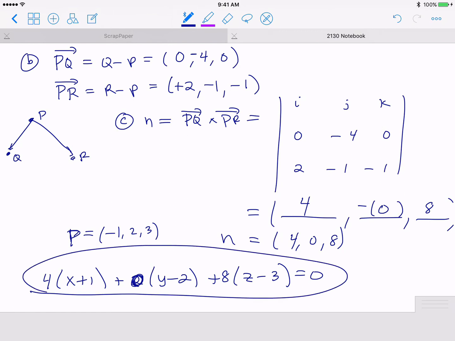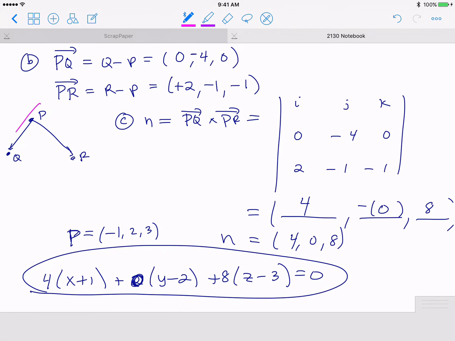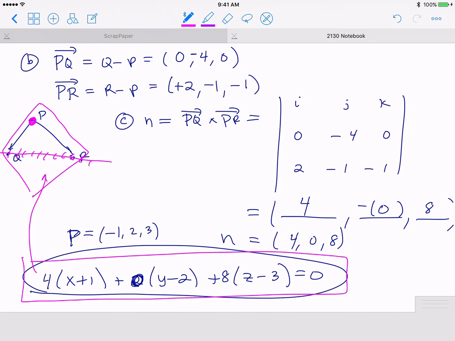There is the equation of your plane that goes through these 3 points, and the P and Q points were the points that were along the line. So here is our plane that contained the line and also went through the point P. And that is the equation of the plane. And so ends this first video.